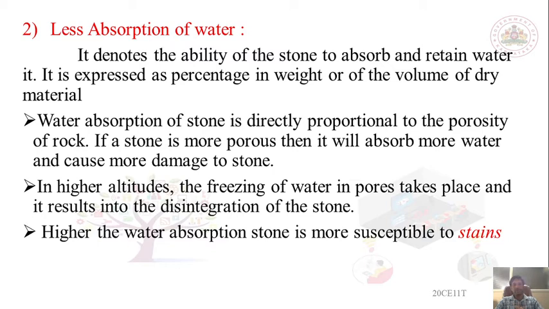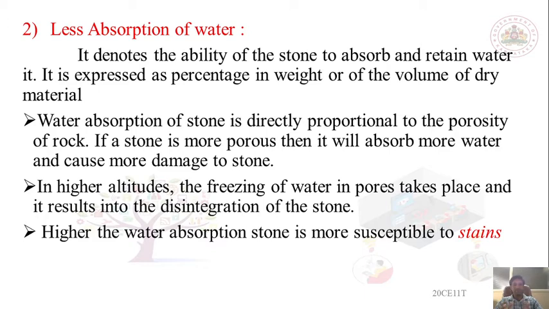So the requirement is less water absorption, and the characteristic is water absorption. Stone will absorb water. That is a characteristic of a stone. But our requirement is less water absorption. That is the difference between requirement and characteristic.